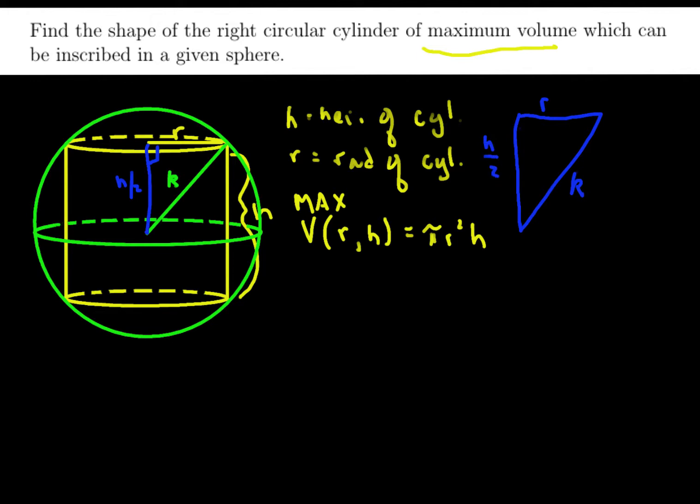And that does give us a constraint. So our constraint is that k squared has to be the same as r squared plus h over 2 squared.